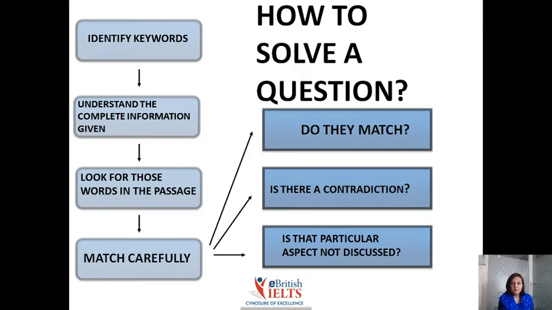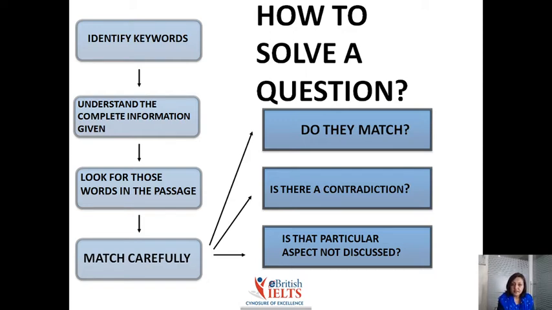Right. Now, what are the different methods that you can adopt while solving this set of questions? The first thing that you can do, and you'll have to do, is to identify keywords. Not just the keywords in the question, but also understand the entire information given in the statement.